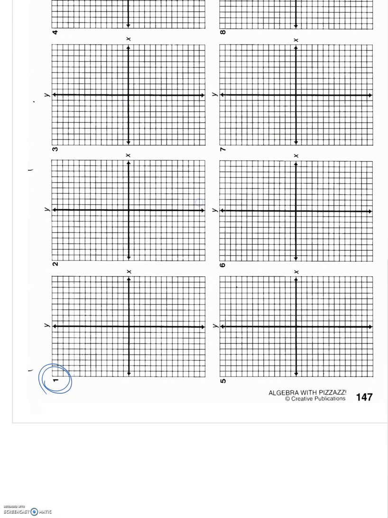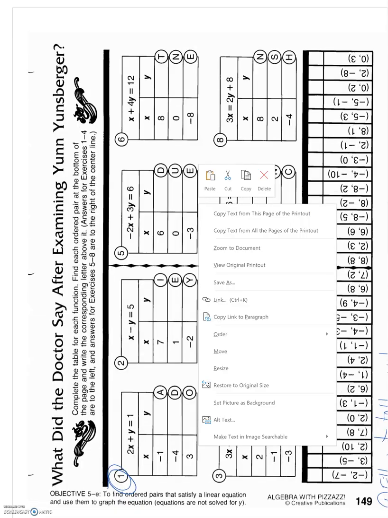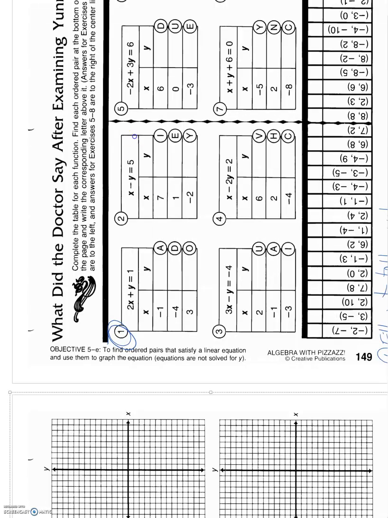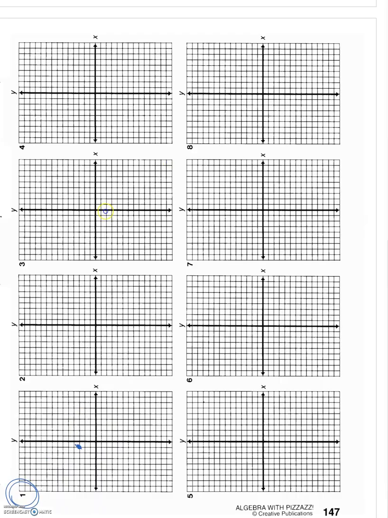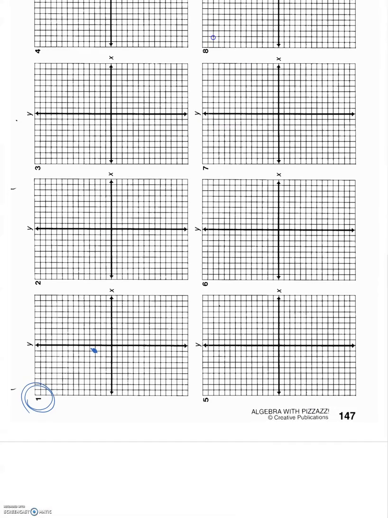So here's -1 for my x. Oh, sorry, having some issues here. Here's -1, so I start here, my origin, -1, up 3, positive, and that's my point. Okay, so I got a point there. Good. What's the next one? -4, 9.